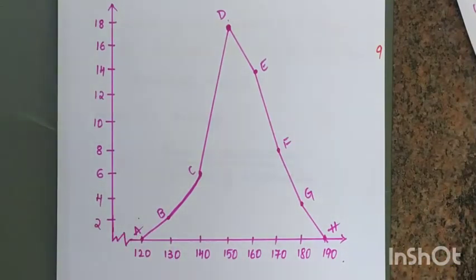For example, in a question, they say the number of students scored from 100. If the paper was for 200 marks and they scored from 100, no student scored below 100. And a few students will score 100, 120, 140, and so on.